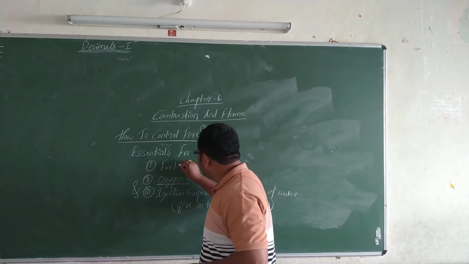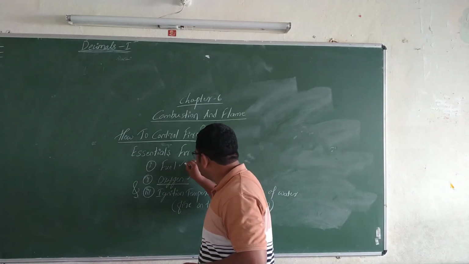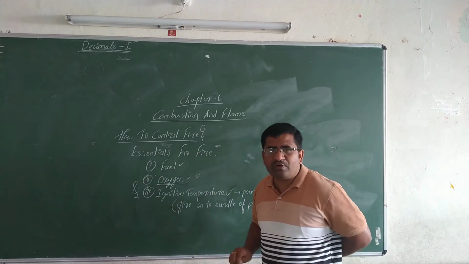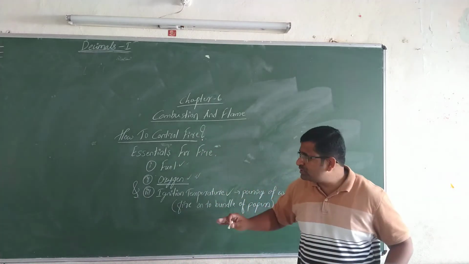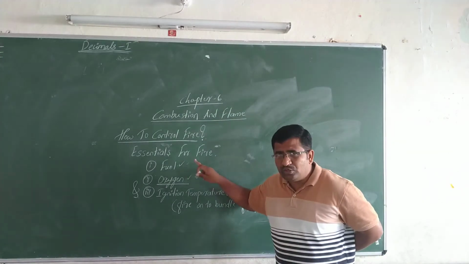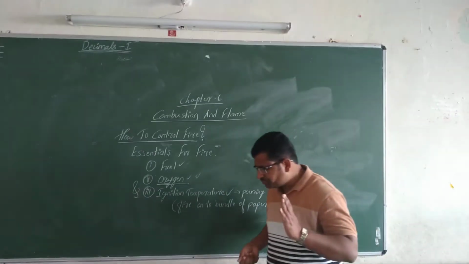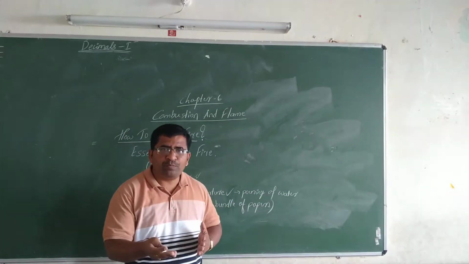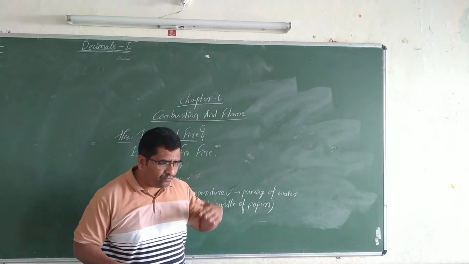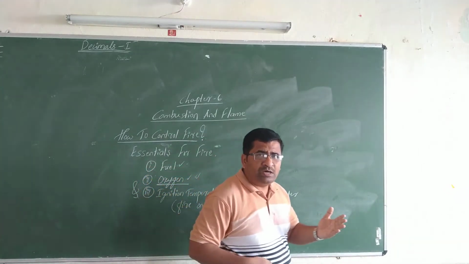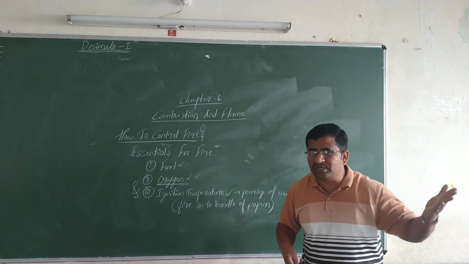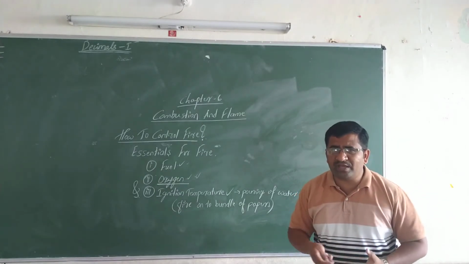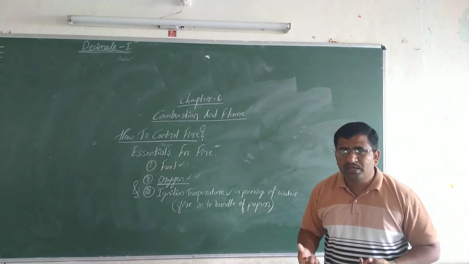The third one is the stoppage of the supply of fuel. How is this to be made use of? Think the fire has taken place in a petrol pump bunk, where we fill petrol in our vehicles, in the petrol tank itself.